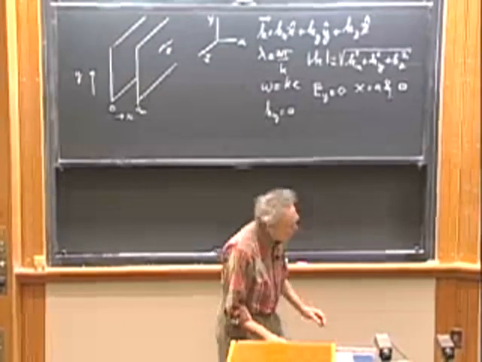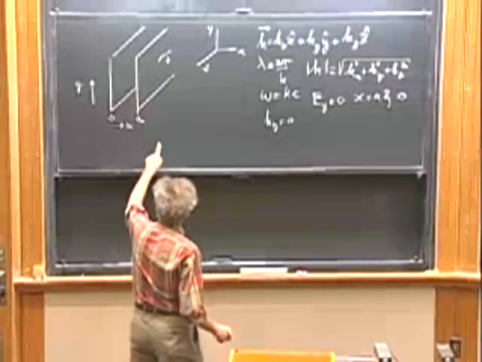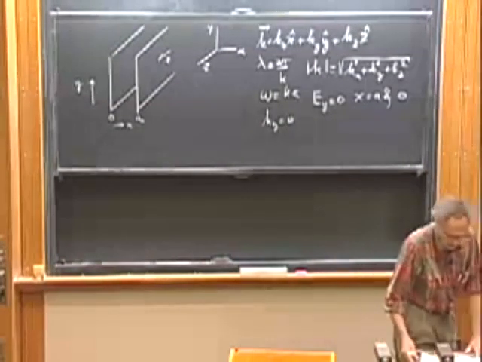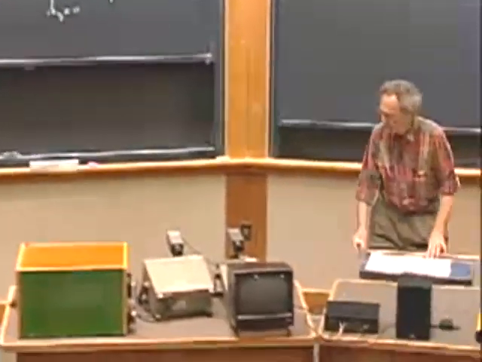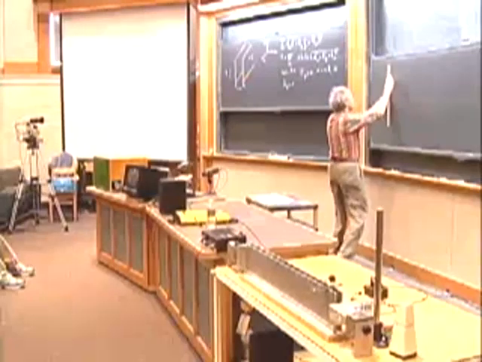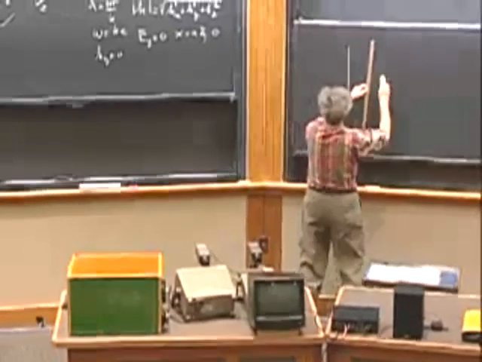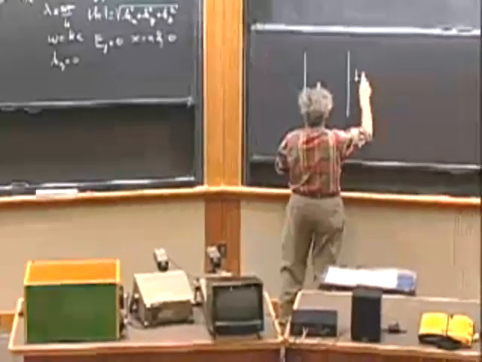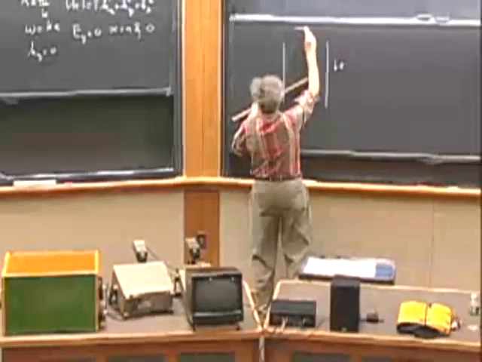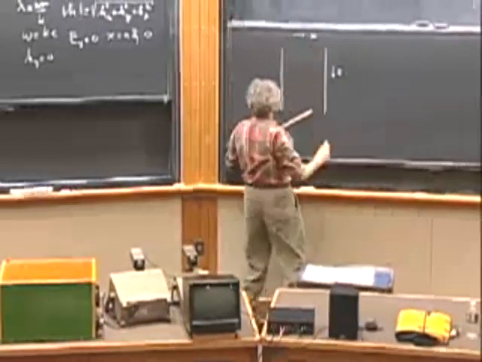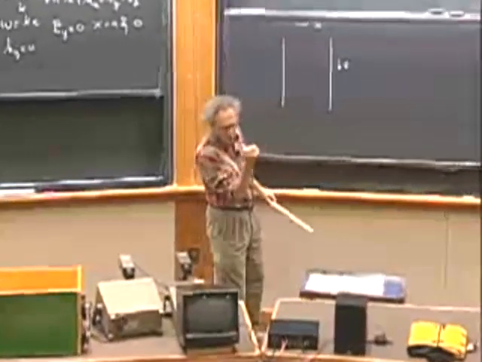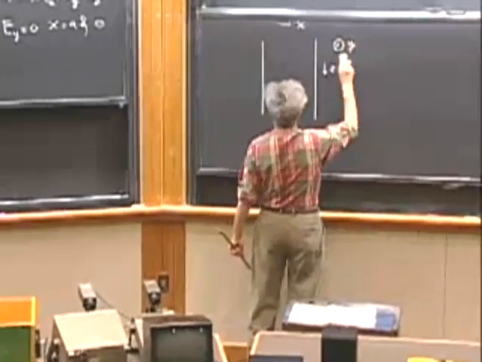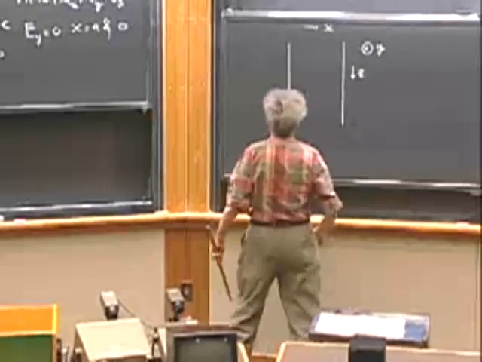So now I would like to take a look at this geometry from above, looking down on the xz plane. So here is the z direction, and this is the x direction, and the y direction is coming straight out of the blackboard, pointing in your direction. I'm looking down on that plane from above.